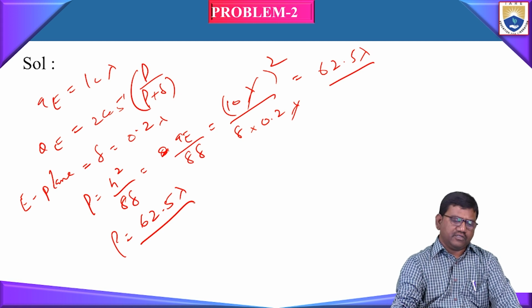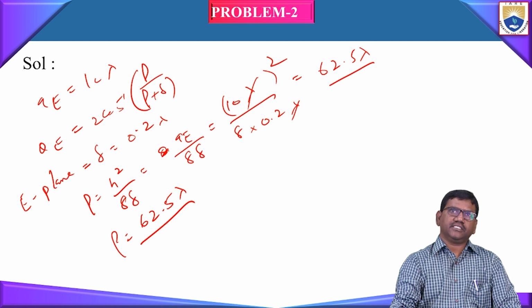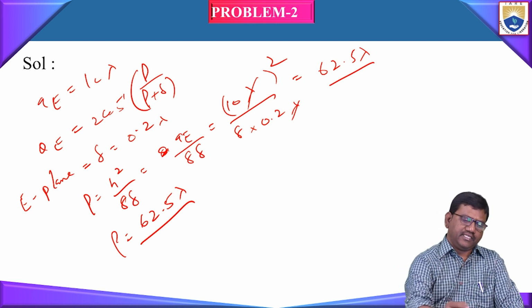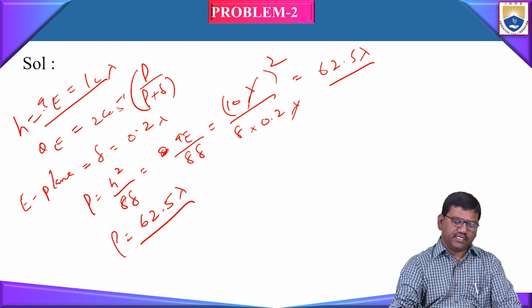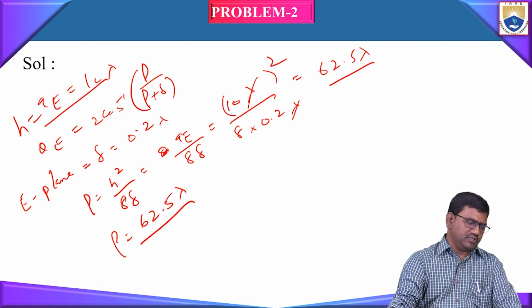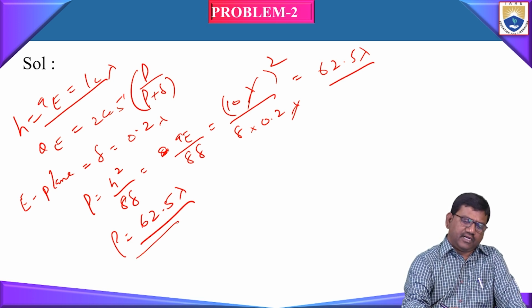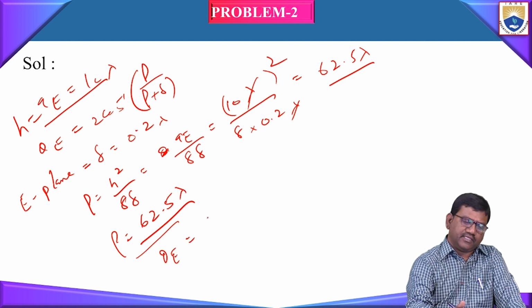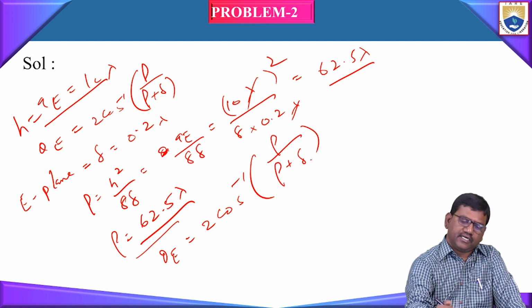So the formula to determine rho is rho equal to h square by 8 delta, where h is the aperture length in the E plane, AE, which is 10 lambda, and rho is 62.5 lambda. Now we can find theta in the E plane using the formula theta E is equal to 2 cos inverse of rho by rho plus delta.